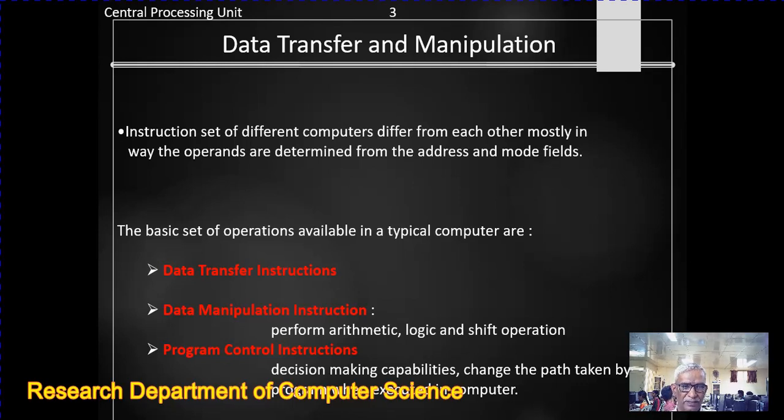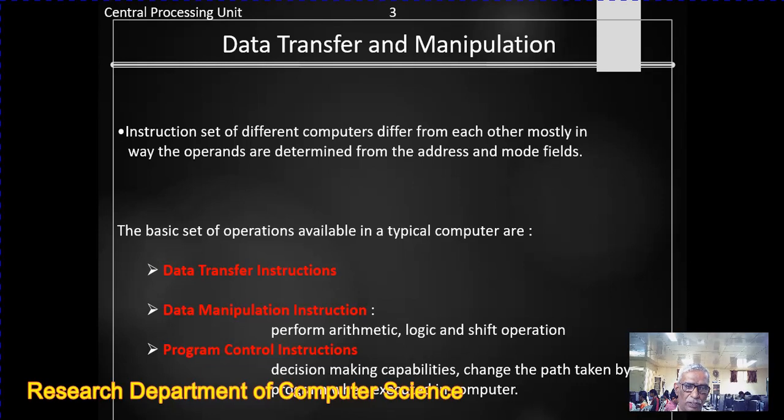The basic set of operations available in typical computers are data transfer instructions, data manipulation instructions, and program control instructions. The first one, data transfer, is used to transfer the data from various places. The transferred information can then undergo some execution, calculation or processing in the second part, which performs arithmetic, logic and shift operations.